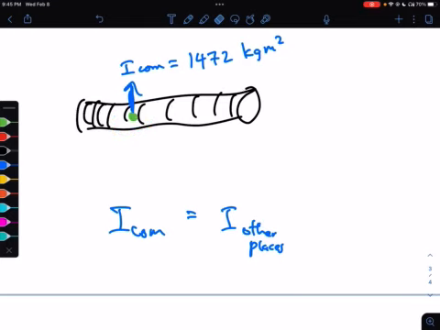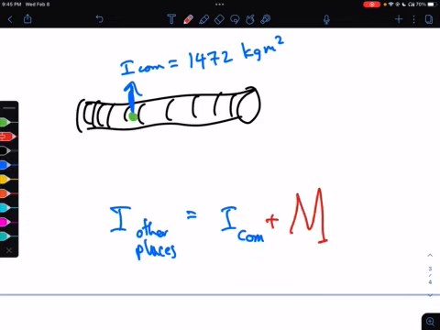So what you're going to do is you're going to add, so I wrote this wrong. I meant to write I other places. Watch this. I other places equals ICOM plus m h squared.